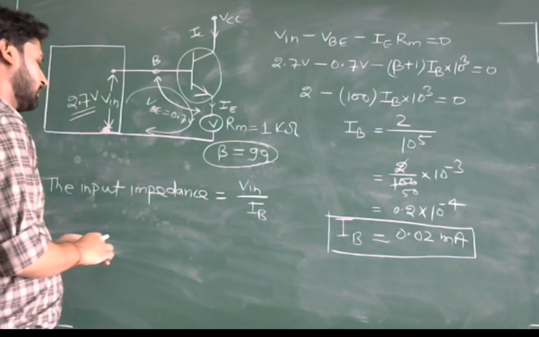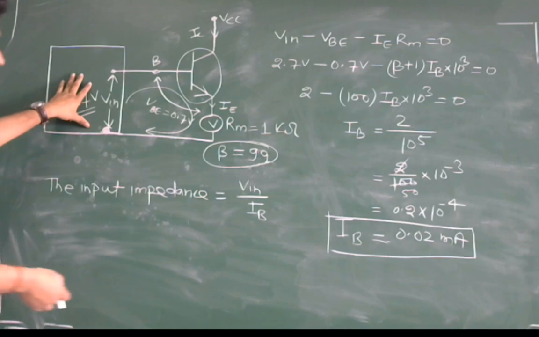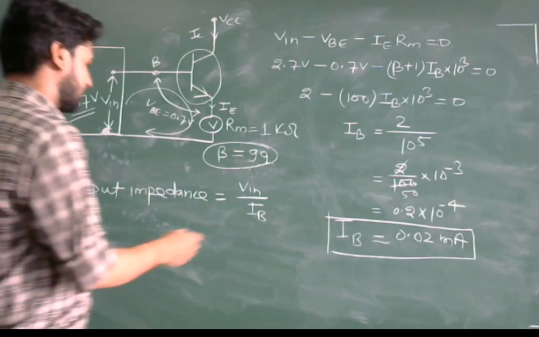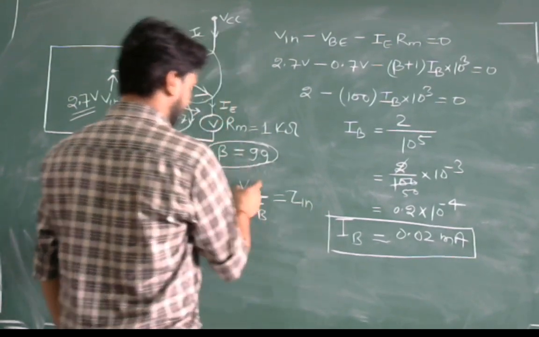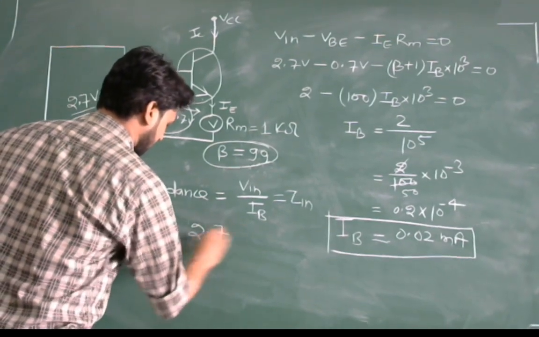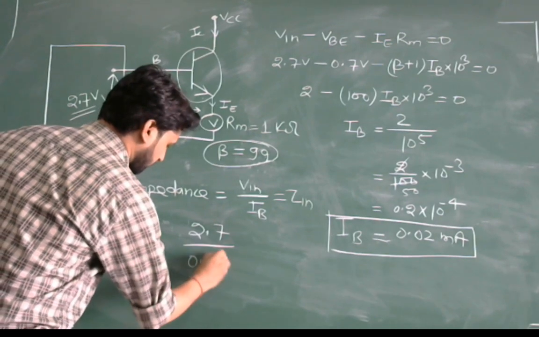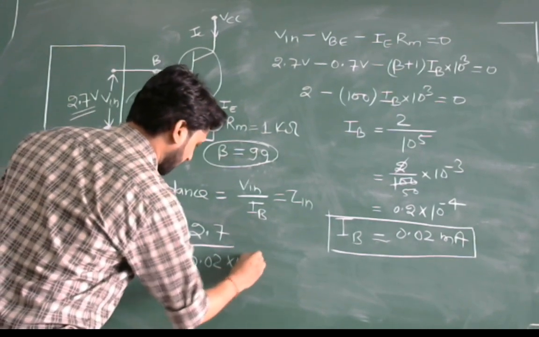The voltage applied at the input terminal divided by the current going in the input terminal. This is the input impedance of the circuit. The V in is known to me, it is 2.7 volt, and IB is 0.02 into 10 power minus 3.